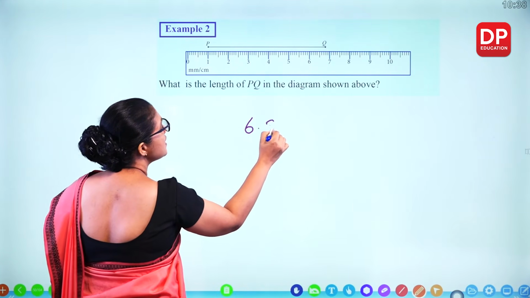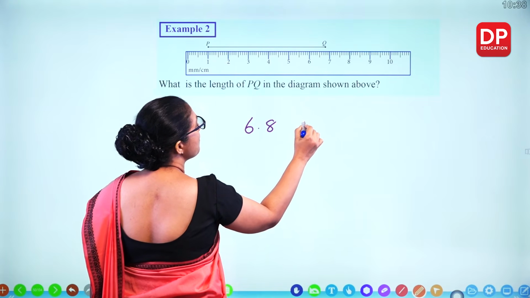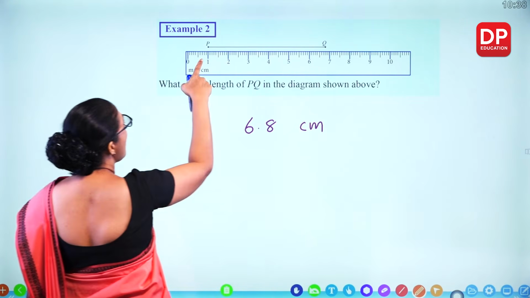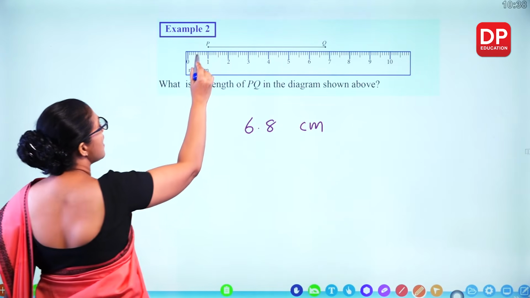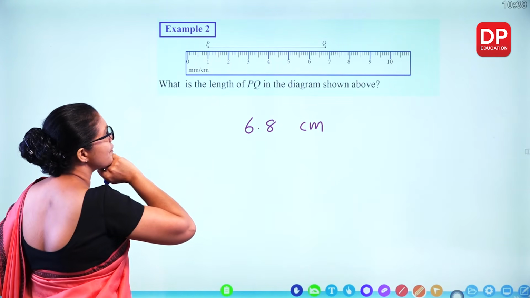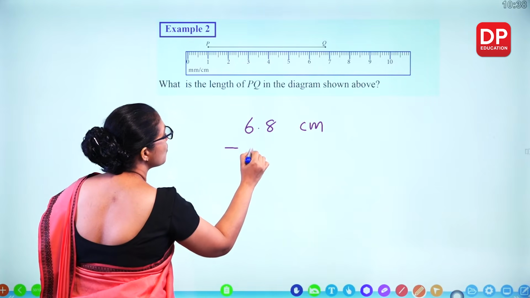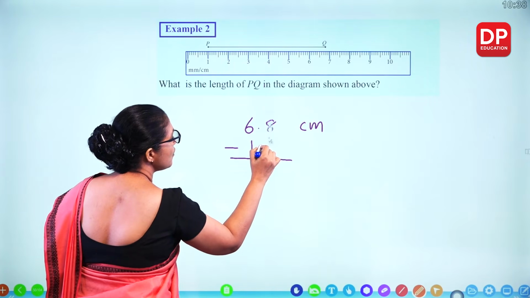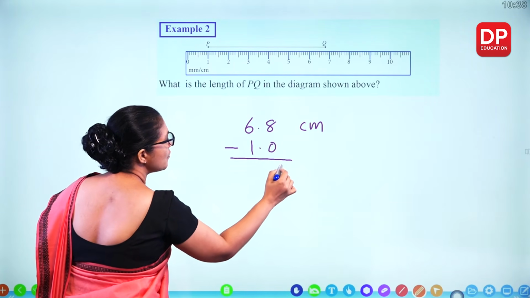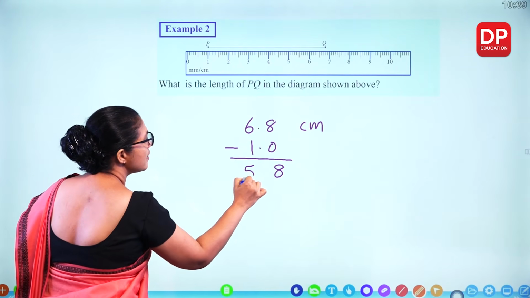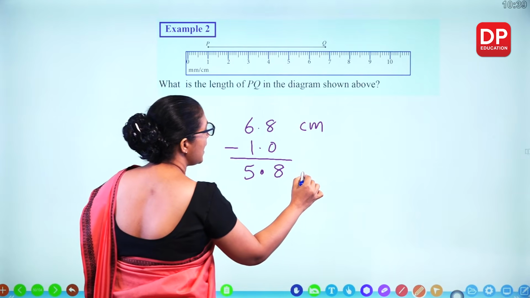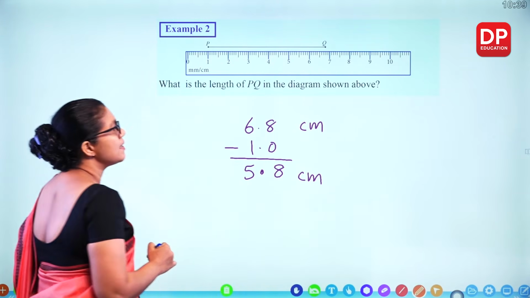So 6.8 centimeters are there. But you have to subtract 1 centimeter because the starting value is not 0. So subtract 1. When you subtract 1, 6.8 minus 1, 5.8 centimeters.